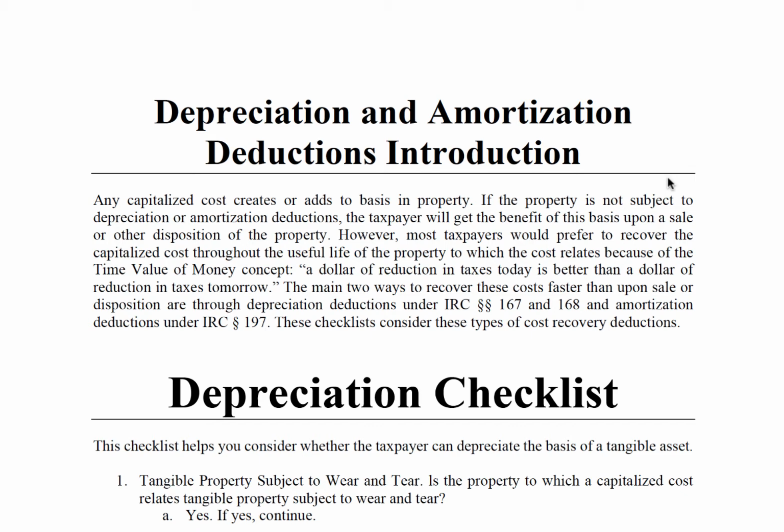The idea of a basis is, think of it like a storage of pre-tax capital.